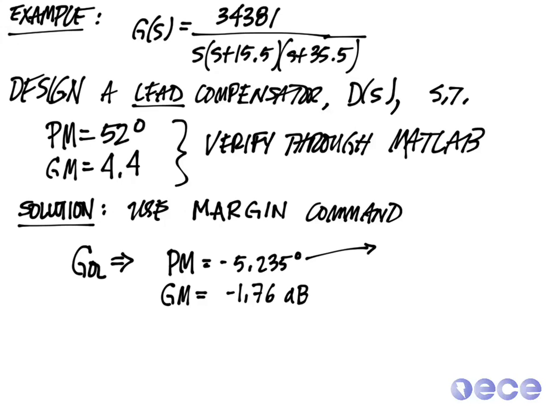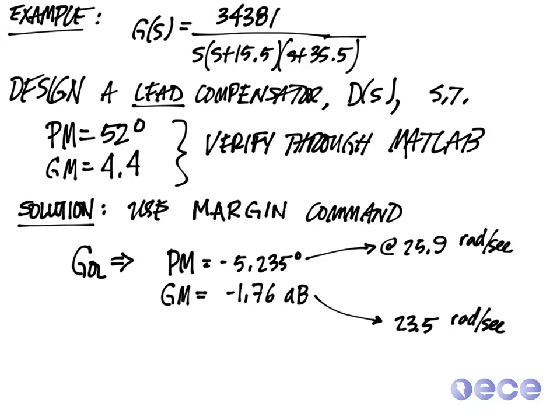So, by the way, the phase margin is at 25.9 radians per second. And at minus 1.76 dB, the gain margin is at 23.5 radians per second.